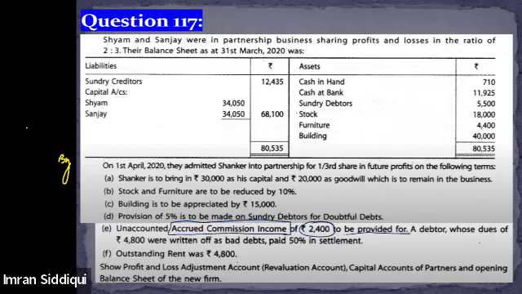So accrued commission needs to be recorded firstly in the balance sheet, since the asset of the firm is increasing. You need to go to the balance sheet and write down accrued commission 2,400 on the asset side.